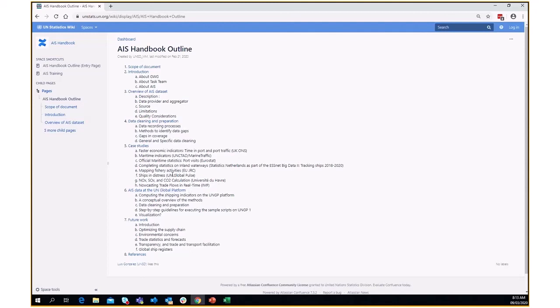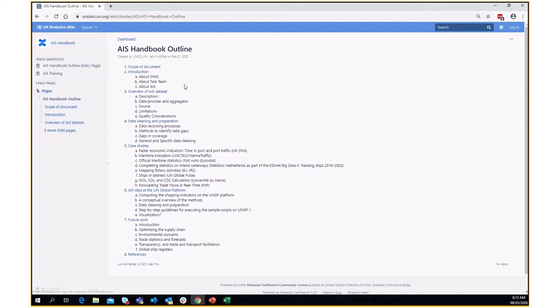A lot of these case studies will also be captured in this AIS Data Week. Then there's a part which shows a special application on AIS indicators for trade. And this helps not only to understand the AIS indicators for trade, but also how to use the AIS data at the global platform. And then we have a part which discusses future work.